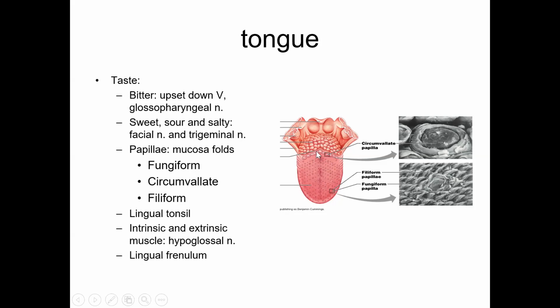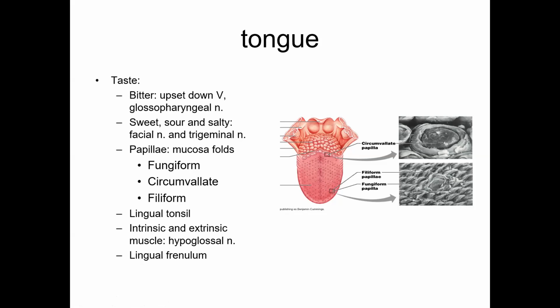Towards the base of the tongue, there are these V-shaped lining structures. If you enlarge each one, it looks like this. This one is called a circumvallate papillae. In the circumvallate papillae, there are bitter taste receptors.